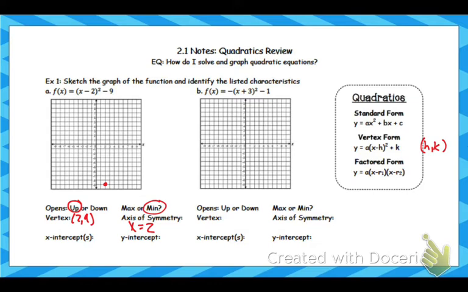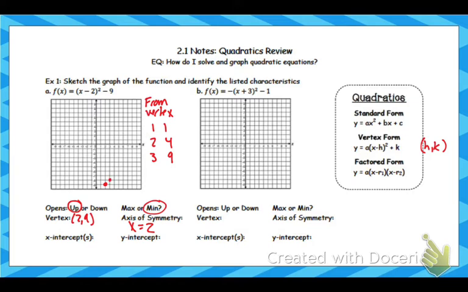So to figure out what this graph looks like, let's think about what the parent function does. From the vertex, the way this graph moves, it's going to look like the parent function. The parent function goes right 1 and up 1, right 2 and up 4, right 3 and up 9. And that's how we move from the vertex. Now this graph has not been stretched, compressed, or reflected in any way, so it's going to move that same way from the vertex.